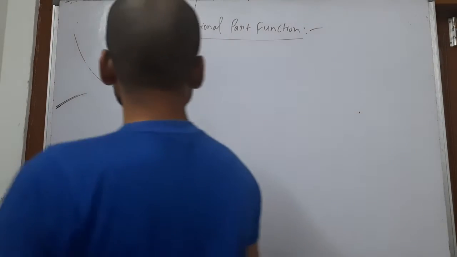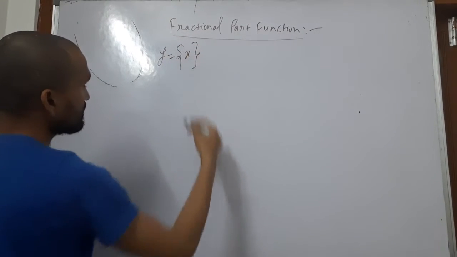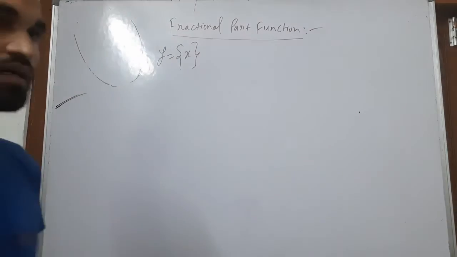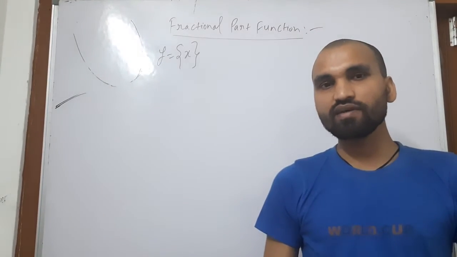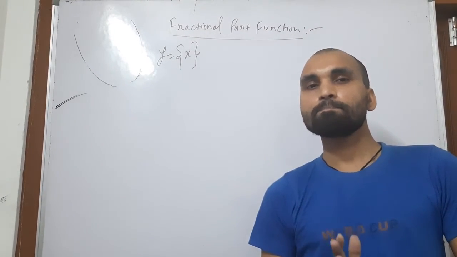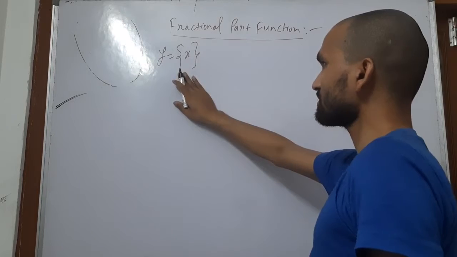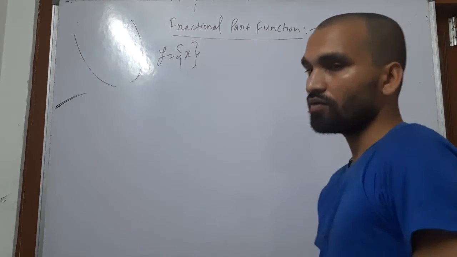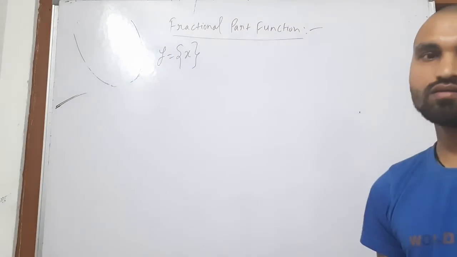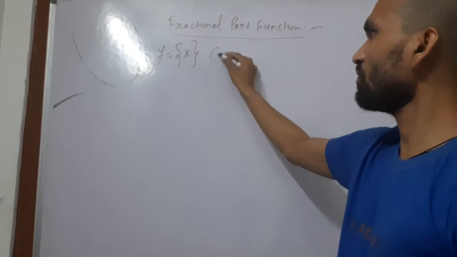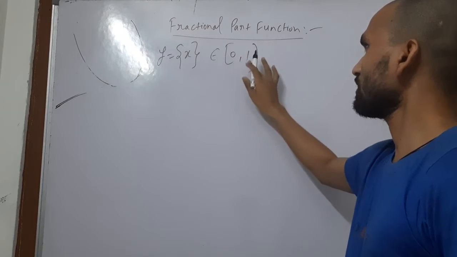Any function given by y equal to this symbol is known as the fractional part function. Its result may start from 0 and end before 1, meaning the fractional part of x can contain values starting from 0 and before 1, so it will always belong to closed 0 to open 1.